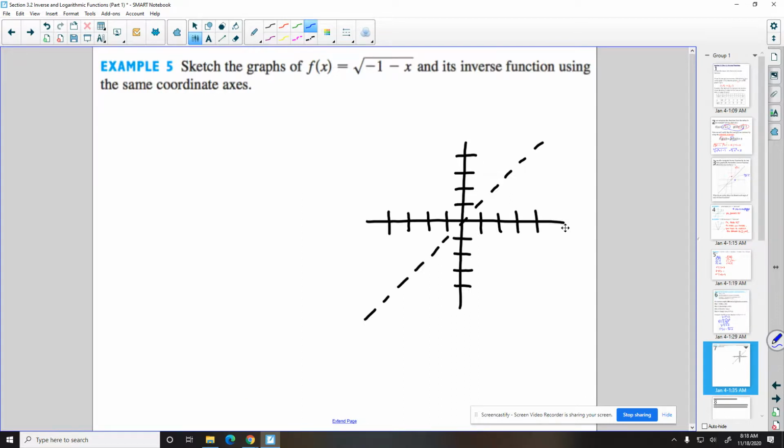Okay. Last question with pre-calculus review stuff. Sketch the graphs of f of x and its inverse function on the same coordinate axes. All right, first thing I'm going to do is try to figure out how I'm going to graph this thing. We do know transformations like up, down, left, right, hopefully from last year.